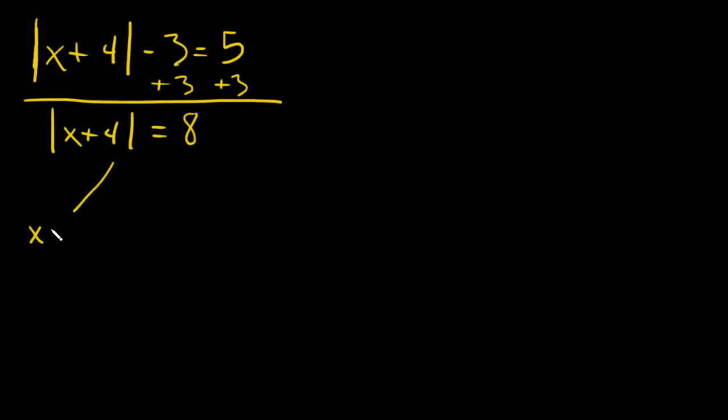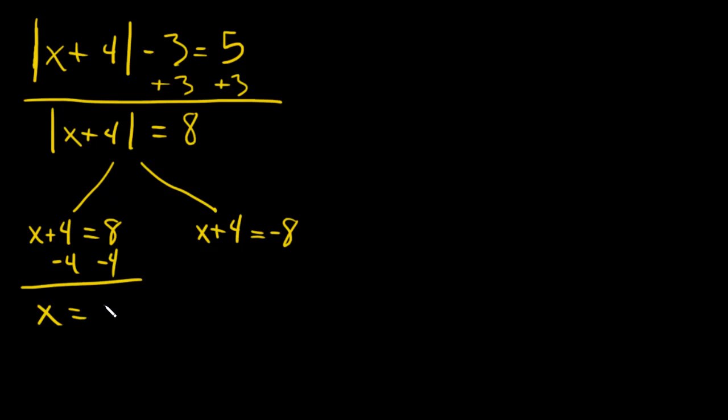So for the positive piece, I copy it down straight as is. And for the negative piece, I change the sign of everything that's outside the absolute value. So negative 8. Then I solve like normal. Minus 4, x equals 4, and minus 4, x equals negative 12.